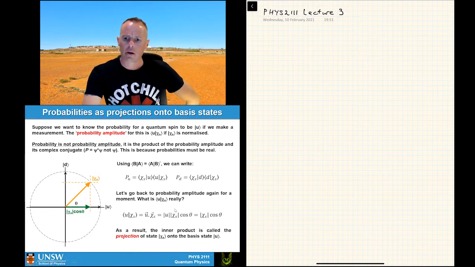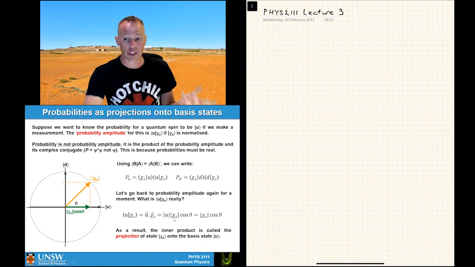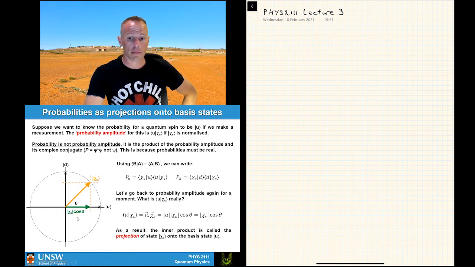Now, if we plug this through, we know that the unit vector is 1. We know that chi-s, if everything's normalized, should be 1 as well. We end up with chi-s cos phi. And if you look at what chi-s cos phi really is down here, it's this little green arrow running along this up vector direction.